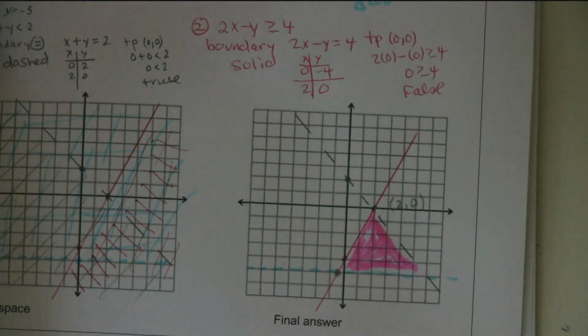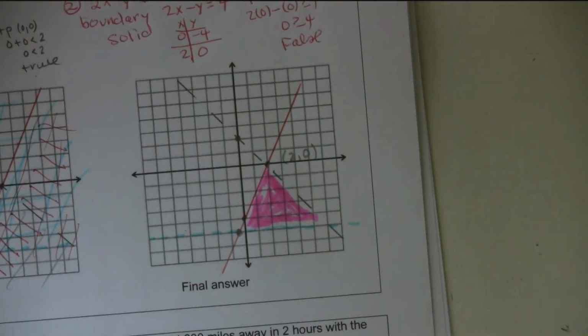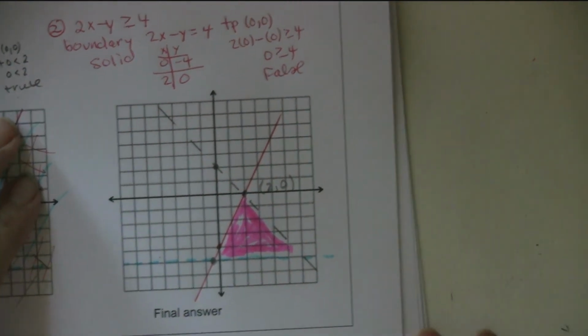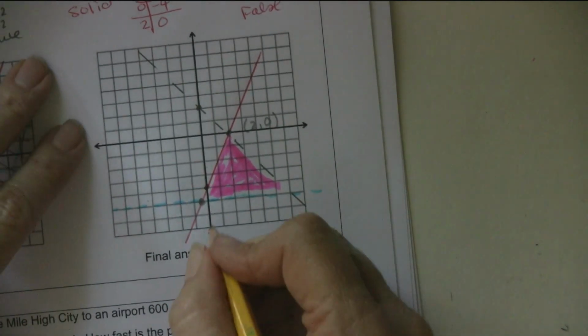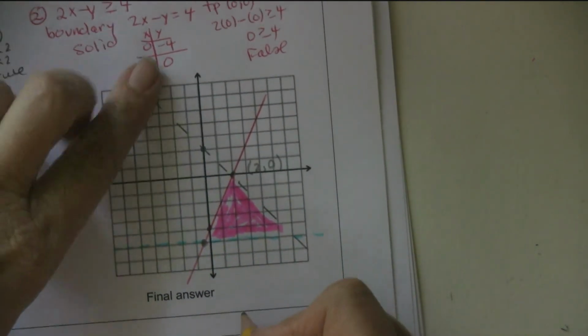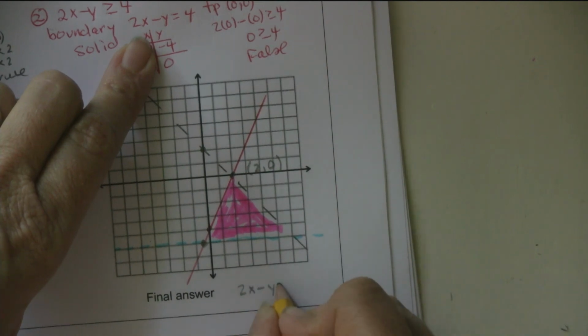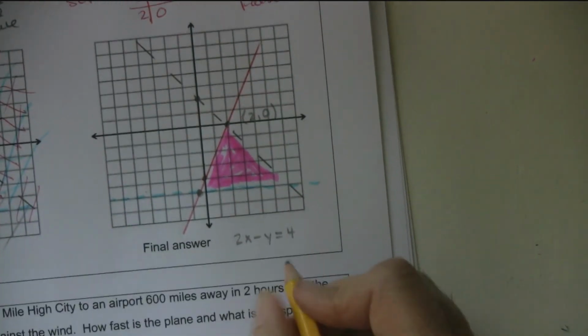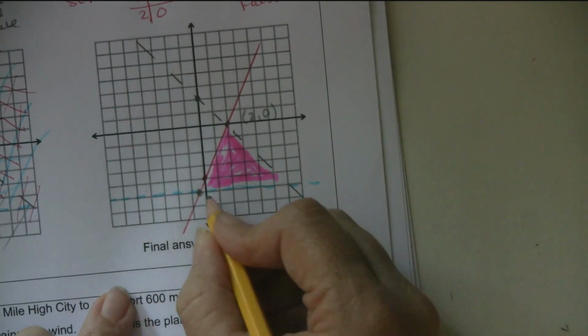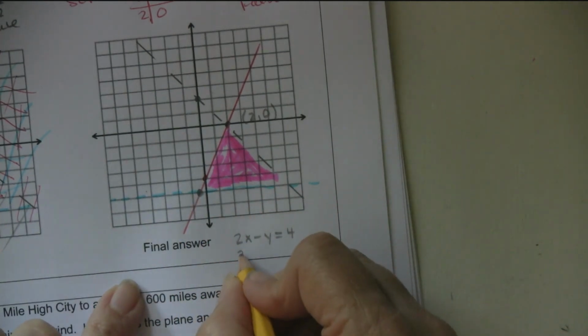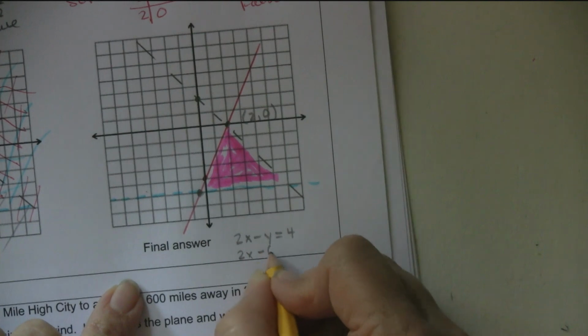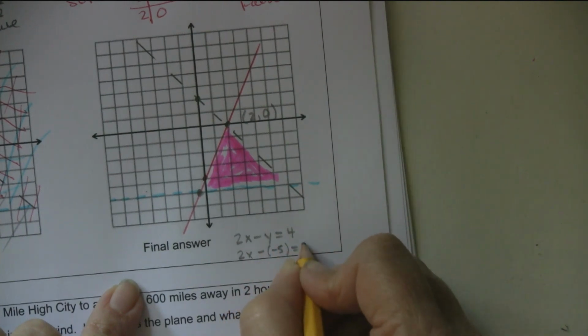It looks like it's crossing right in the center at -½, but we're going to see. And so to see where that's crossing, I'm taking the red line, 2x minus y equals 4, and I'm putting in y is -5 because that's the height of that, right? So 2x minus -5 equals 4.